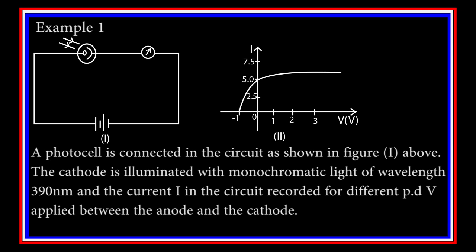Example 1. A photocell is connected in the circuit as shown in figure 1 above. The cathode is illuminated with monochromatic light of wavelength 390 nanometers, and the current I in the circuit is recorded for different PD V applied between the anode and the cathode.